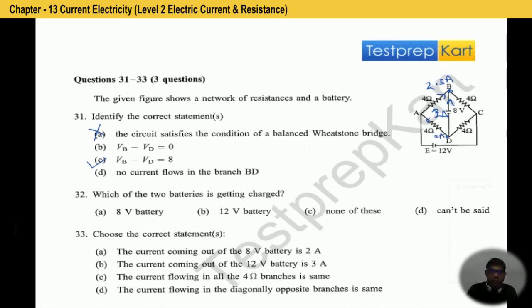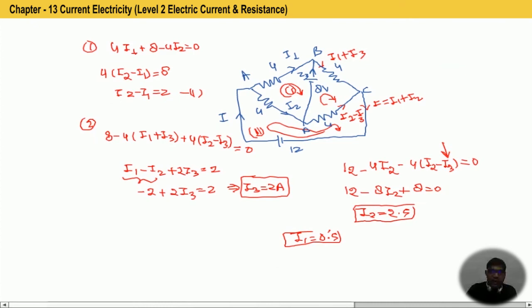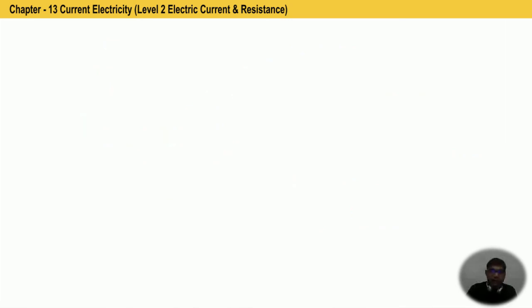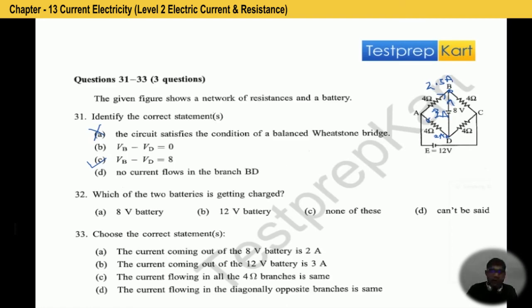Again, if we check, this is I1 plus I3. I1 is 0.5 and I3 is 2, so we get 2.5 ampere, and 2.5 again here.